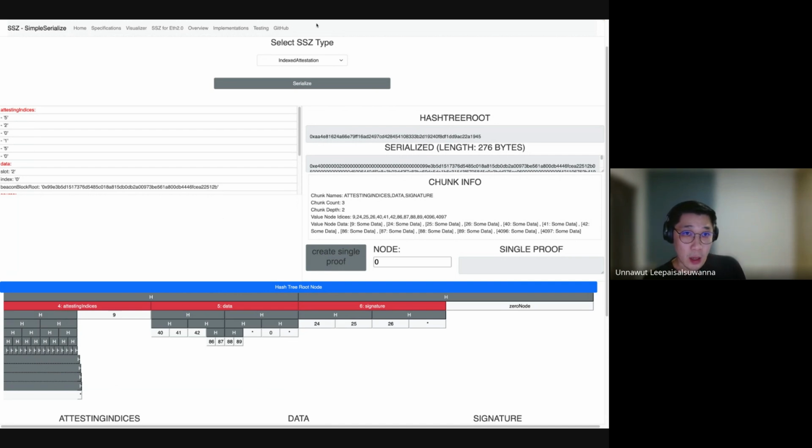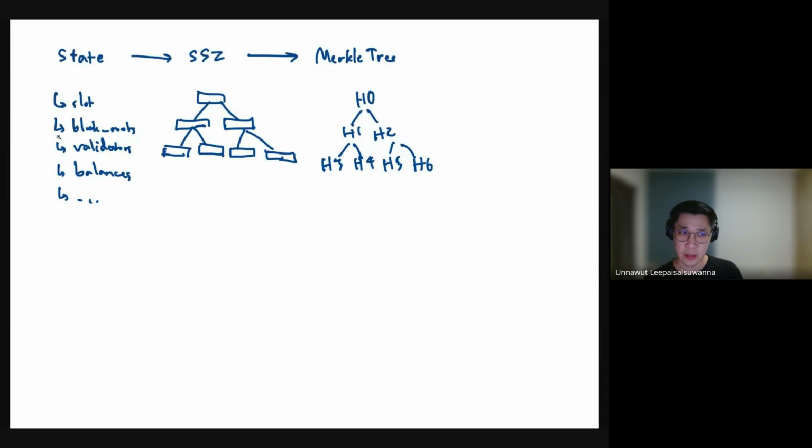Why is this important also for the beam chain? So I guess just to quickly summarize, when you're working with the state inside a client, then you would be storing the slot and block roots and all the state parameters or data in the way of the programming language that you write in, right?